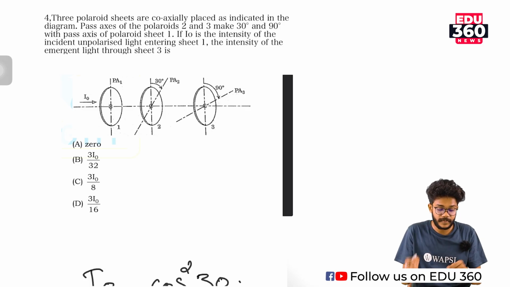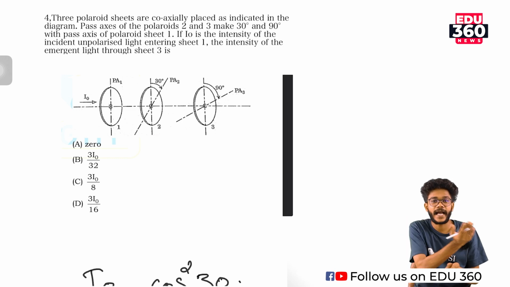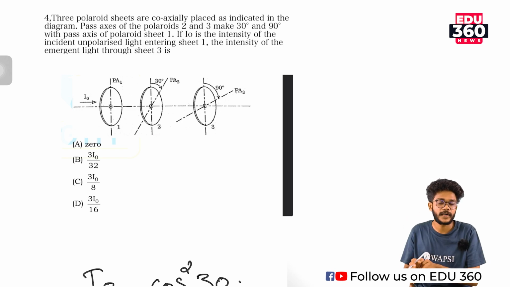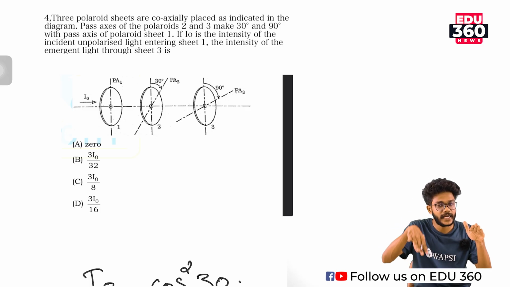It is 60 degrees, because by comparing the axes of the second one and the third one, the second one is already tilted 30 degrees and the third one is tilted 90 degrees.